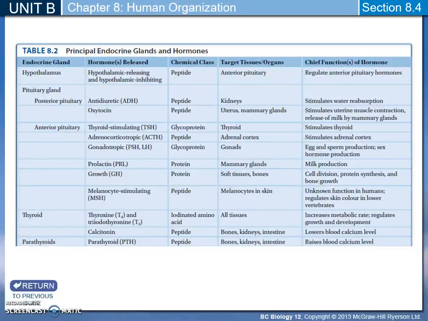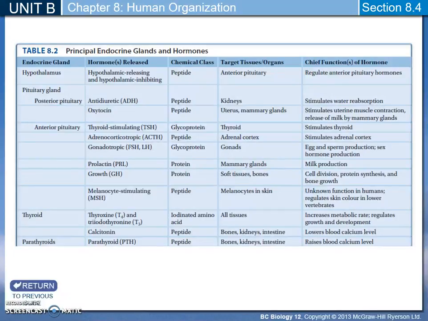The pituitary gland itself is also known as the master gland, because of all of the different hormones that it produces, and many of them have effects on other endocrine glands, and so they actually control the production of other endocrine glands and hormones.